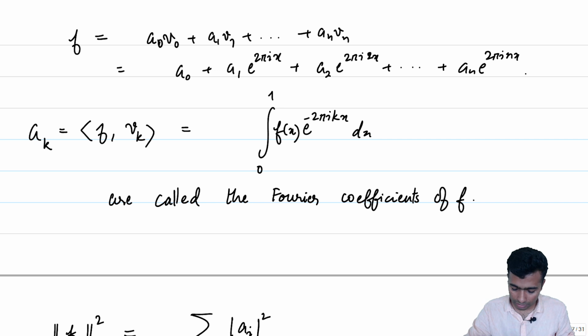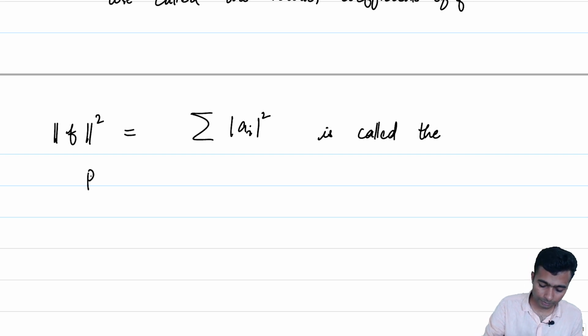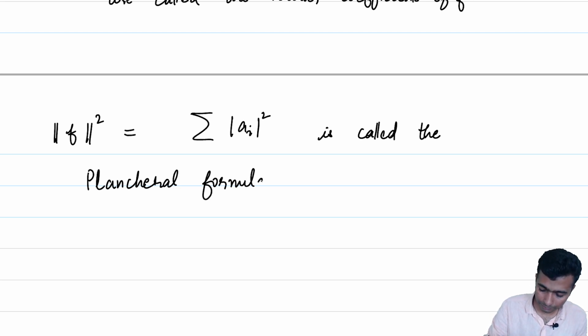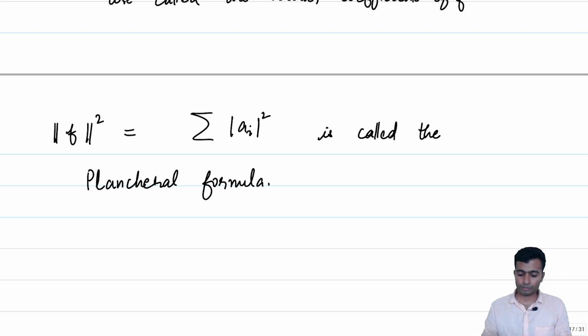If you write it down like this, this is called the Plancherel formula. Alright, so in the next video we will discuss orthogonality in much greater detail by talking about when two vector subspaces can be orthogonal to each other.